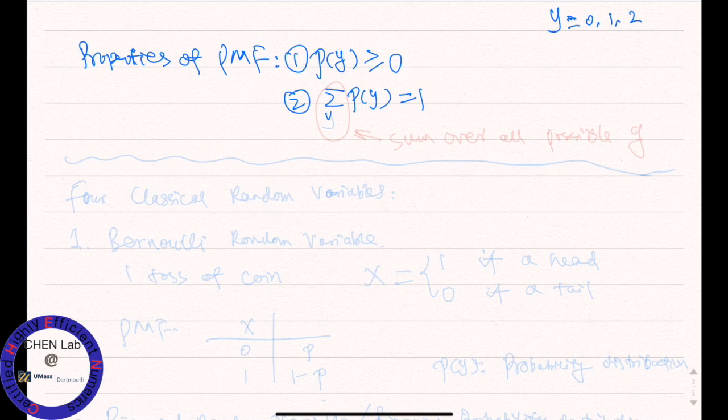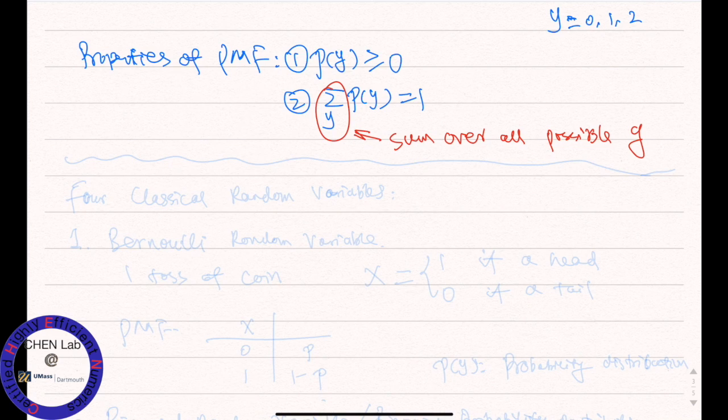You add up all the Y. Because in general, we don't really know where Y is starting and ending, so just put Y there, which means you sum over all the possible Y, right? Let me put a note there. This is the sum over all possible Y. Okay.